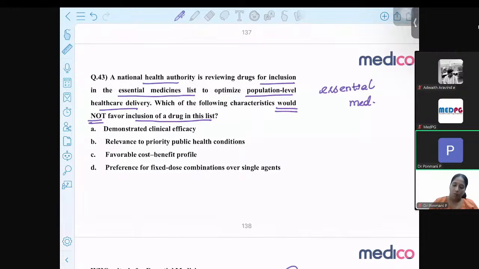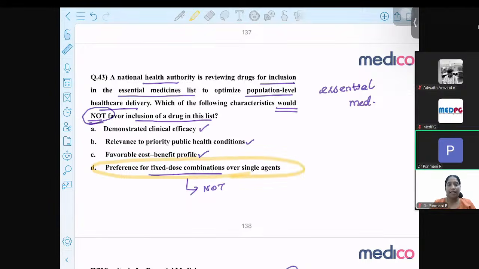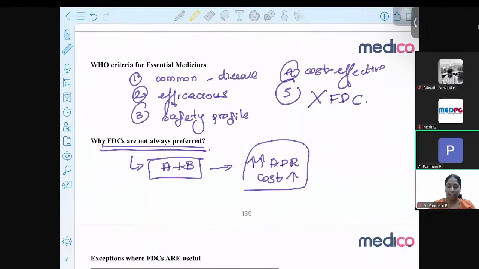So they are asking which characteristics would not favor inclusion. Demonstrate clinical efficacy. Yes, it should be clinically efficient, and it should prioritize a public health condition. It should have a cost-benefit ratio. Preference for fixed drug? No. So, FDCs should not be an essential medicine. So this is the answer, option number D.